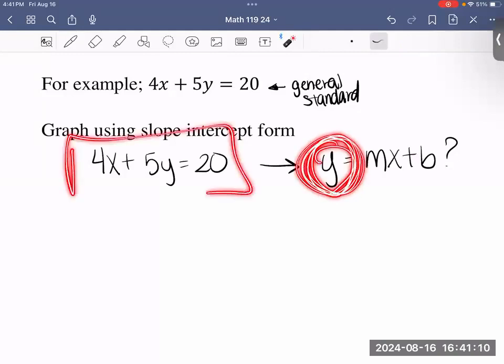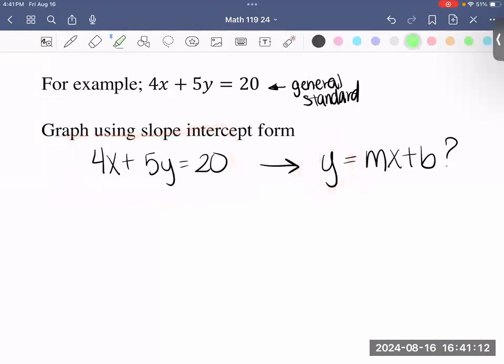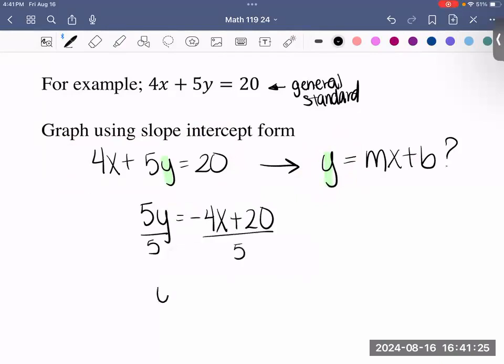So try and pause the video to get y here to be all alone. We can subtract 4x to the other side, and then divide by 5. y is equal to negative 4x over 5 plus 4.